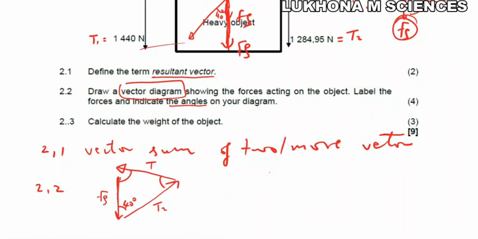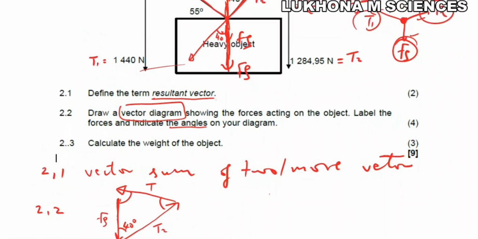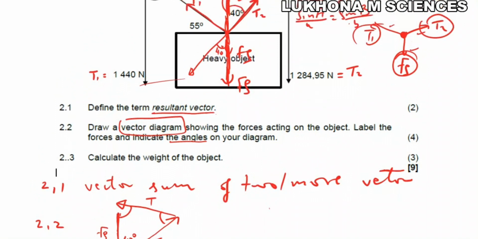Right? Now let's go to another angle. So we need this angle first. We know that up here and down is 90 degrees, which means if this one is 55, therefore this one is 35 degrees. Now let's look at this line, which is T1.